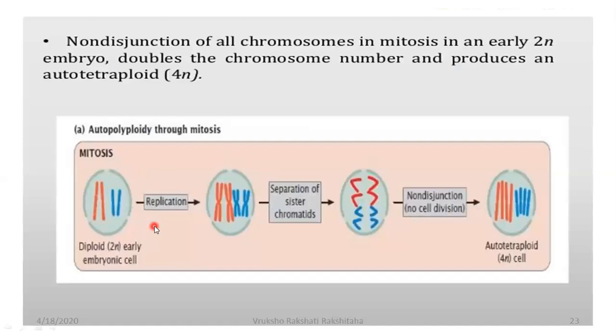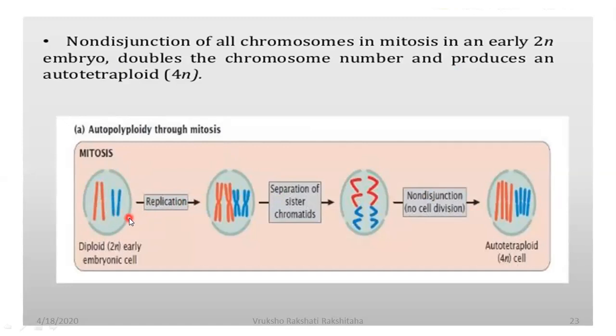Now just look into this pic. So this is a diploid cell which is having two chromosomes. This is one homologous pair of chromosome, and this is another homologous pair of chromosome. So totally there are four chromosomes.